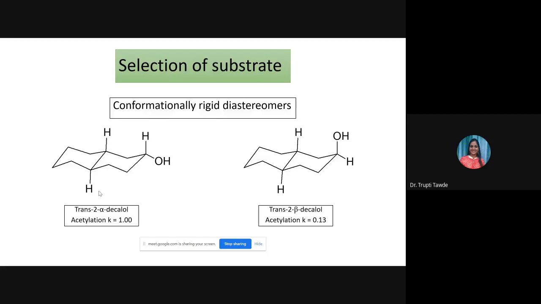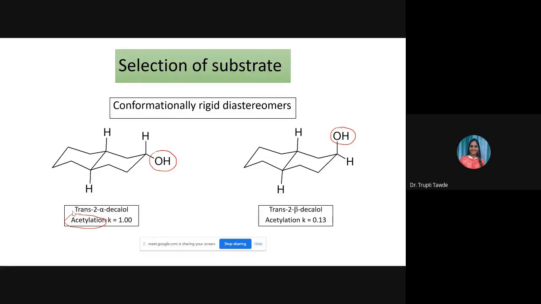So in these molecules, suppose I have to do the study, let's say I have given you an example on the screen. You can see here we have this equatorial alcohol and we have this axial alcohol here. Okay, so now what we have done is the acetylation. Everyone knows the acetylation reaction, that we can do with the help of acetyl chloride, or we can use acetic anhydride. Different conditions you can use here.